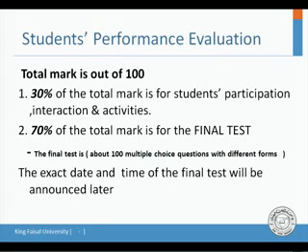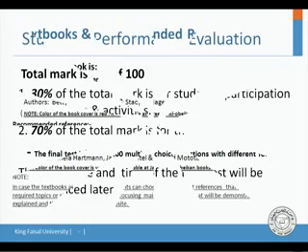You are going to sit for the final test, but it is not the same form. Maybe form A, B, C, D, and so on. About the date and the time of the final test, I think it will be announced later. We will inform our students of the exact time and date of the final test.